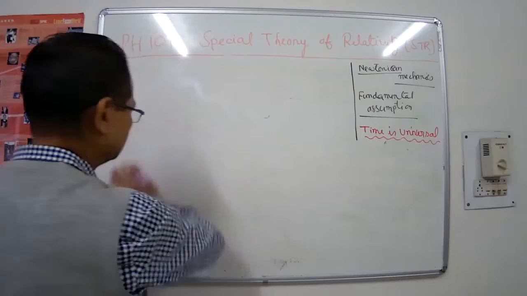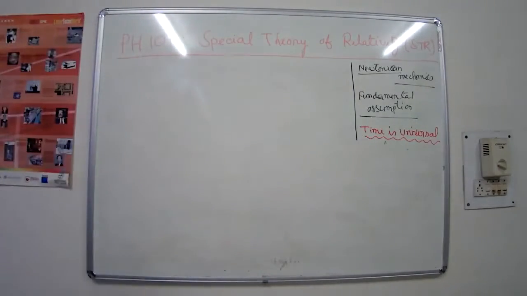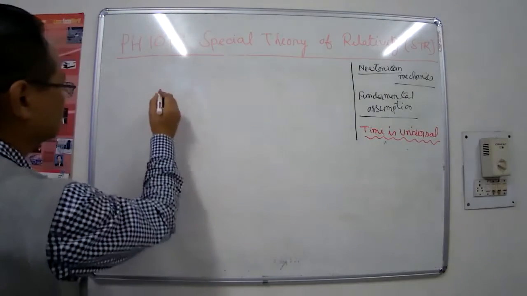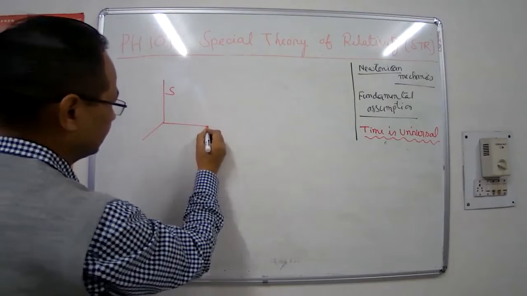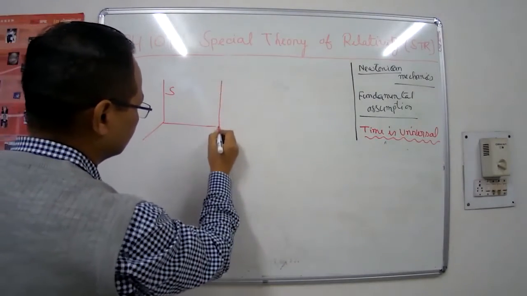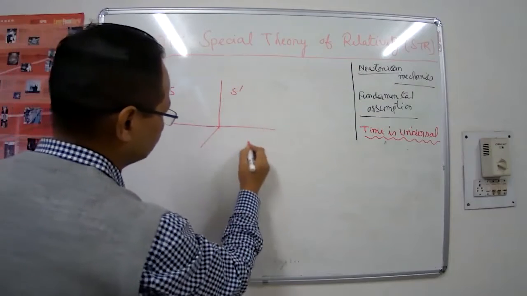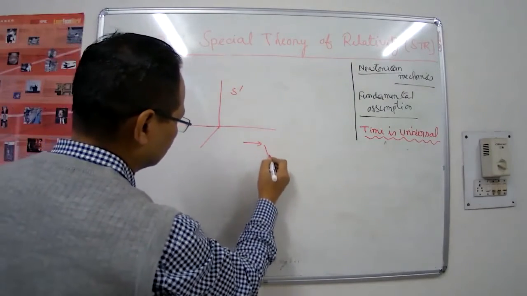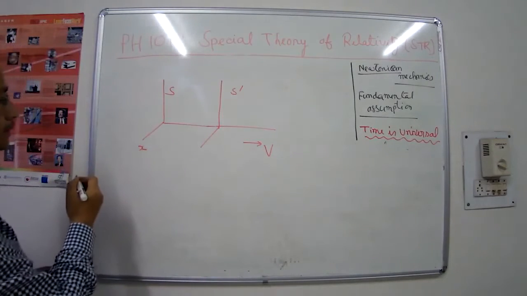Let me consider that there are two frames of reference. One frame of reference S, which is at rest, and then there is another frame of reference S prime. S prime is moving with a velocity v.